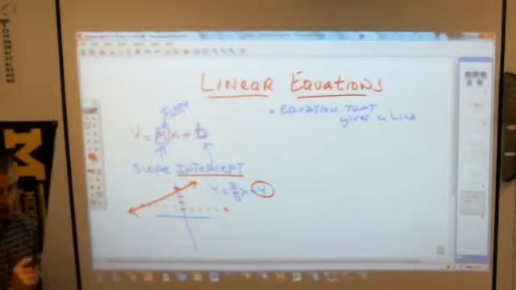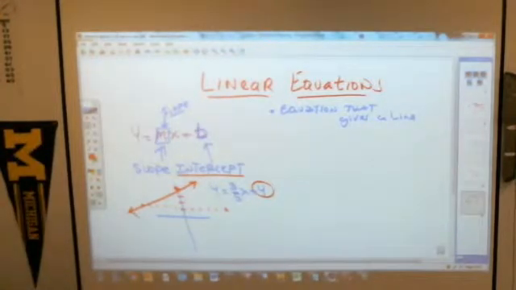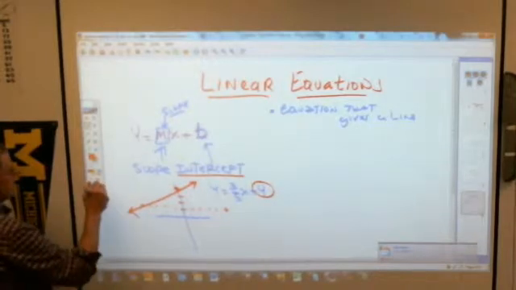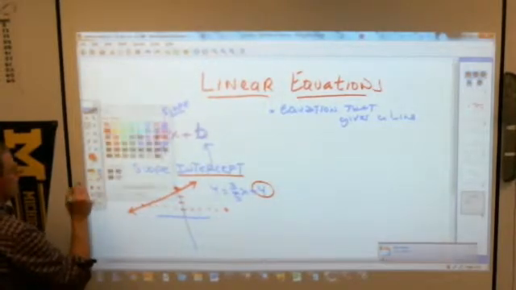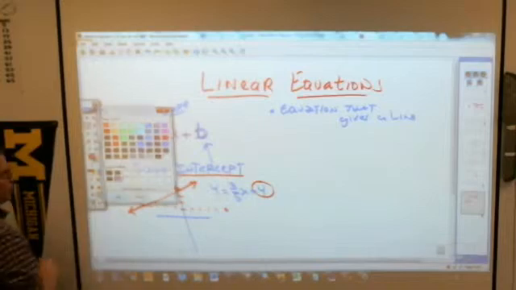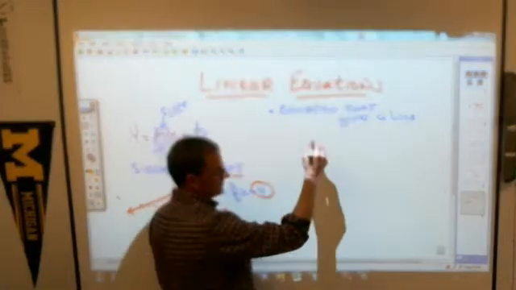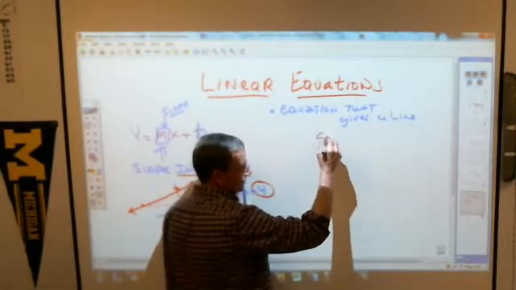Alright, so much, ladies and gentlemen, for what you already know. Zachary, now we learn what's new. But I thought it would be good to review that because they're kind of interrelated here. The second form of linear equations is what we call, get this down, standard form.